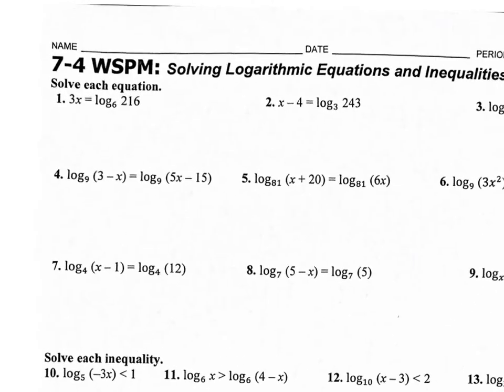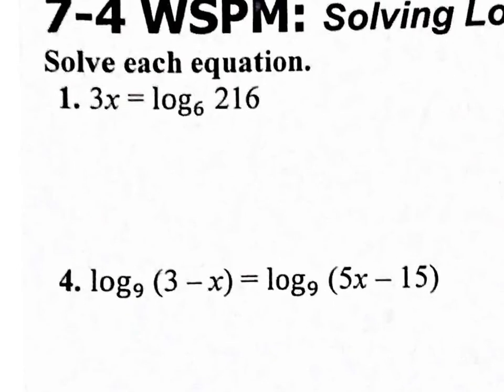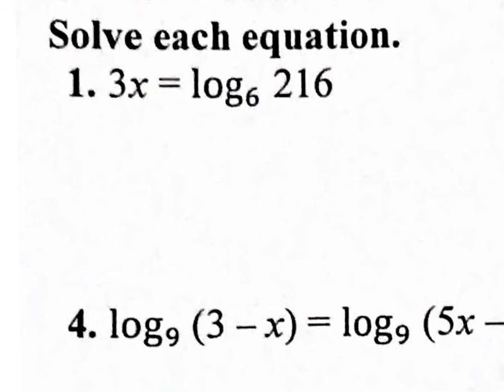So here's our worksheet. I'll go for the odd ones on this video. How do I do number 1? Obviously, I need to get x by itself. Is there 1x? Yes, it's on the left side. That's great. The question is, what is this answer right here? Log base 6 of 216.